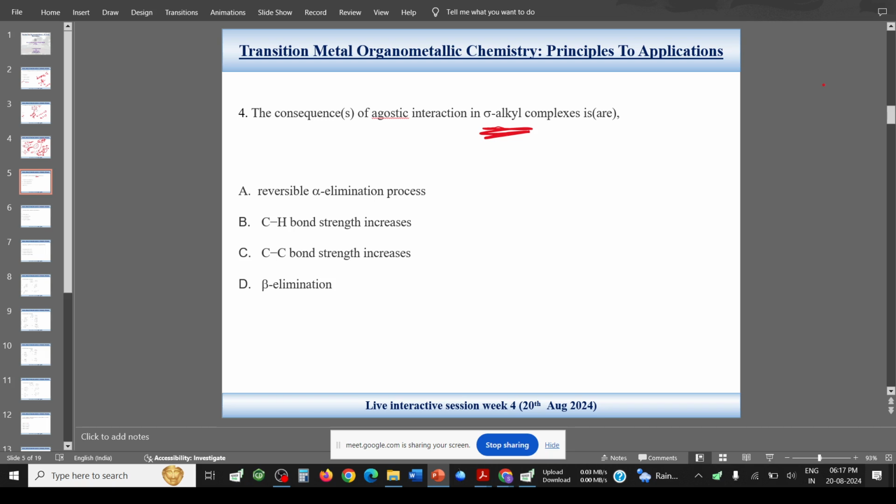We have just discussed the agostic interaction. What will be the answer? The consequence of agostic interaction in sigma alkyl complexes is that the agostic interaction always occurs in sigma alkyl complexes, and a sigma alkyl complex is generally represented by M-R, where R is an alkyl group.